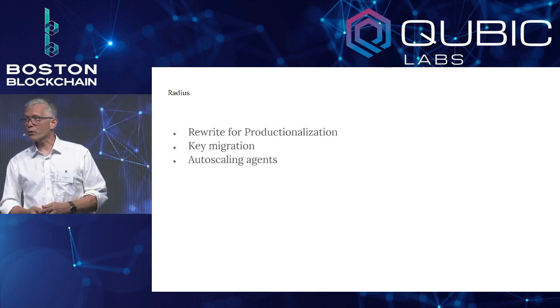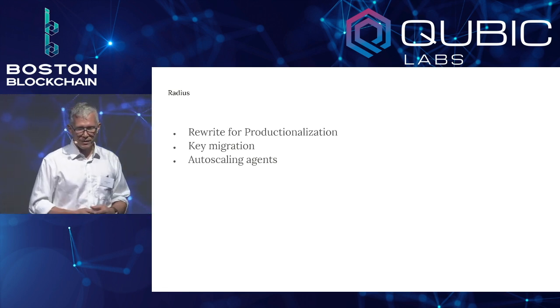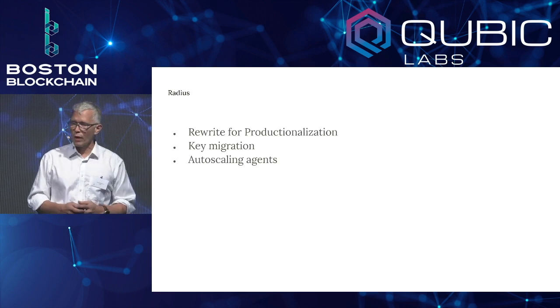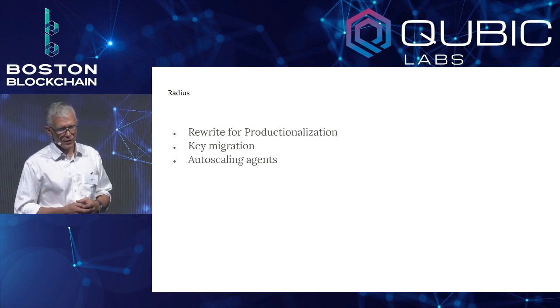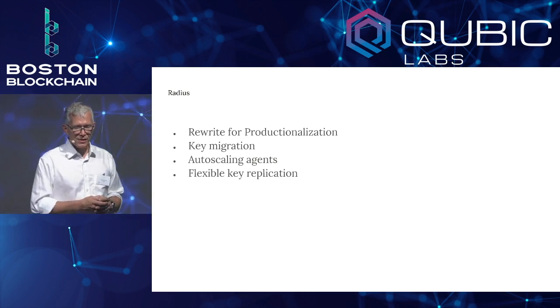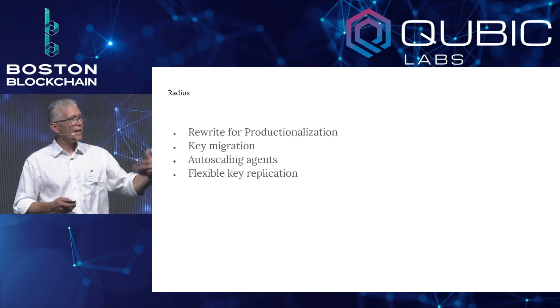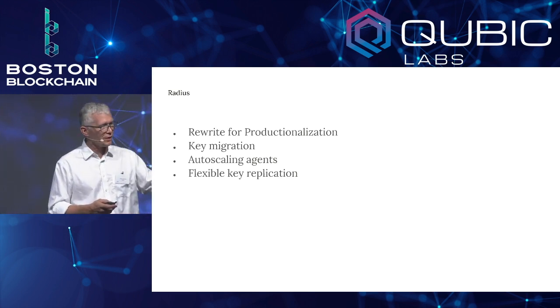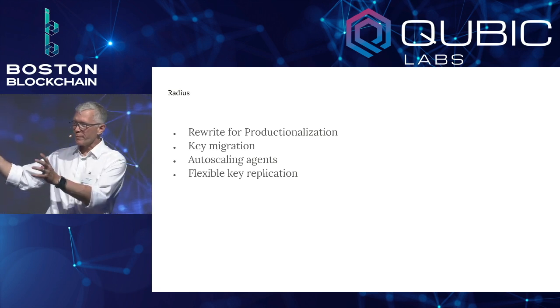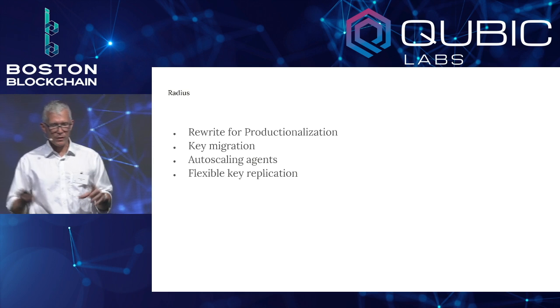You need to be able to auto-scale the agents, add more of them when they're needed, and shut them down when they're not. Some of this is relatively well known, but the key migration stuff isn't. There's some interesting ideas about flexible key replication. You could have keys that are heavily hit on a server that only does heavily hit keys, keys that are extremely large on other servers that are optimized for that. There's a bunch of things you can do.